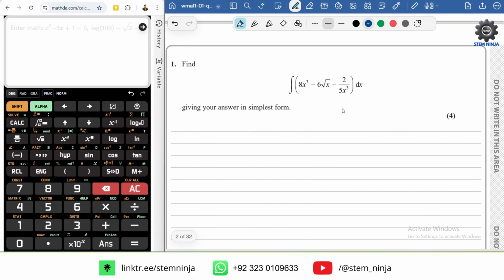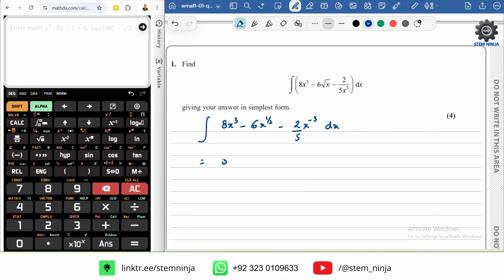Question number 1. Find the integral of 8x cubed minus 6 root x minus 2 over 5x cubed. First off, what we need to do is rewrite this in index form. So you have 8x cubed minus 6x^(1/2) minus 2 over 5 x raised to power minus 3.